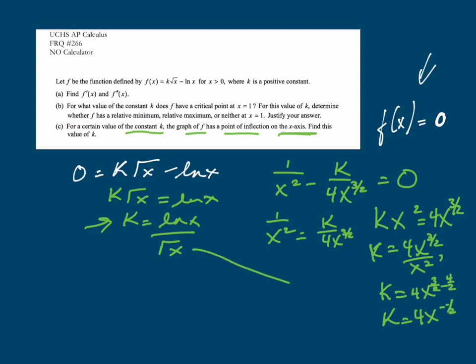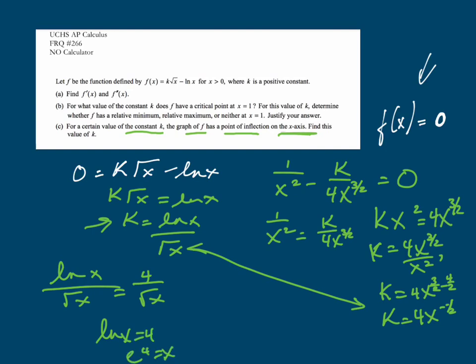All right, so I have these two k's. If I set these two things equal to each other, I'll solve for x and then go back and find k. So ln of x over the square root of x is equal to 4 over the square root of x. So you have ln x is equal to 4. So e to the 4th equals x. So now go back up here to find k.